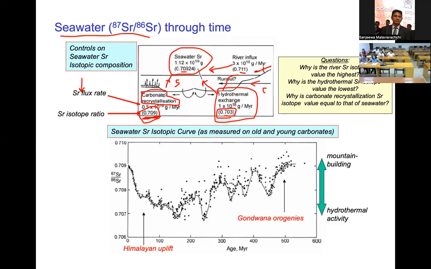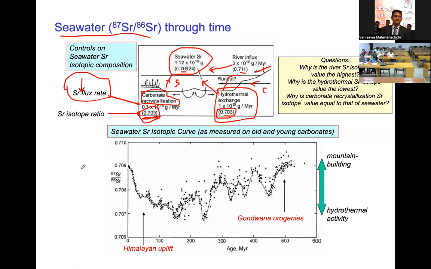Because those creatures lived in the seawater, so they were in equilibrium with it. So almost the same isotopic composition, maybe with some variation. That will add to the seawater, but will not cause a drastic change, because the composition is almost similar. Therefore, strontium flux rate from different sources is important. So carbonate crystallization, hydrothermal exchange, runoff, or riverine input, whatever, will change the isotopic composition in the seawater.